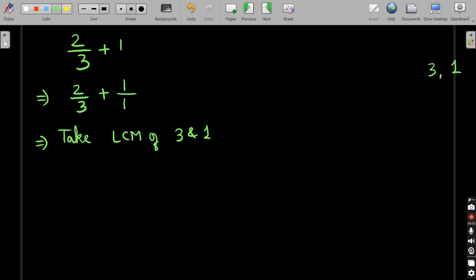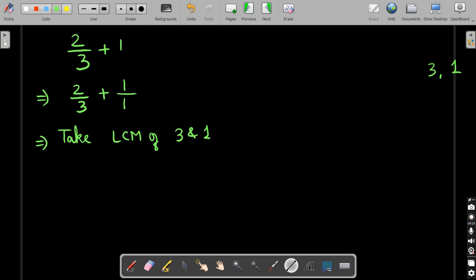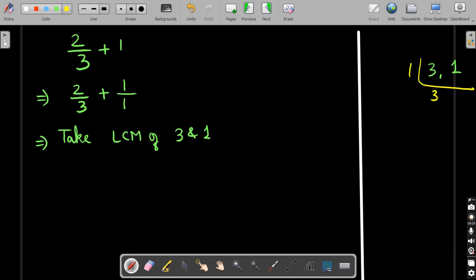3, 1. Let me draw a rough line here. Now 3 and 1, what will be the LCM? 1 3s are 3, 1 1s are 1. Up to here completed. So directly we can say the LCM is 3. Now how am I going to solve it?